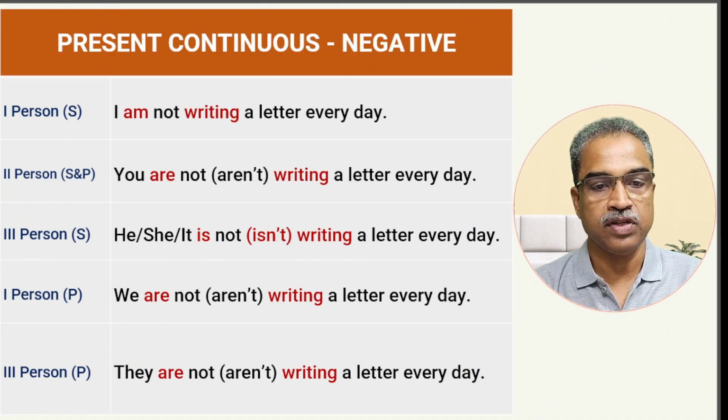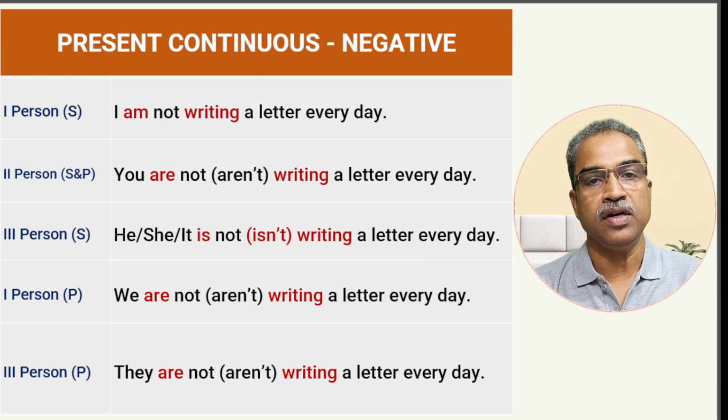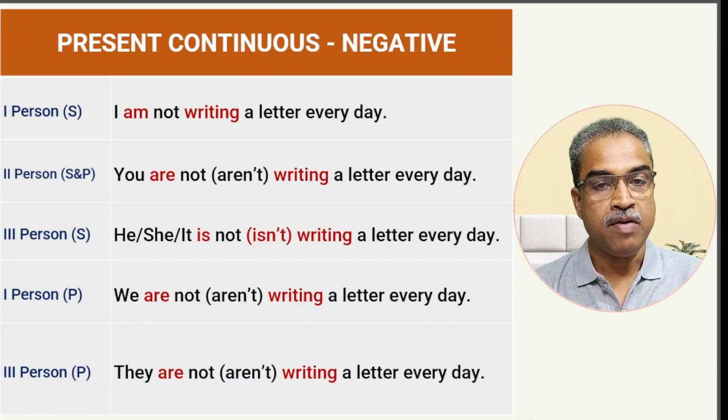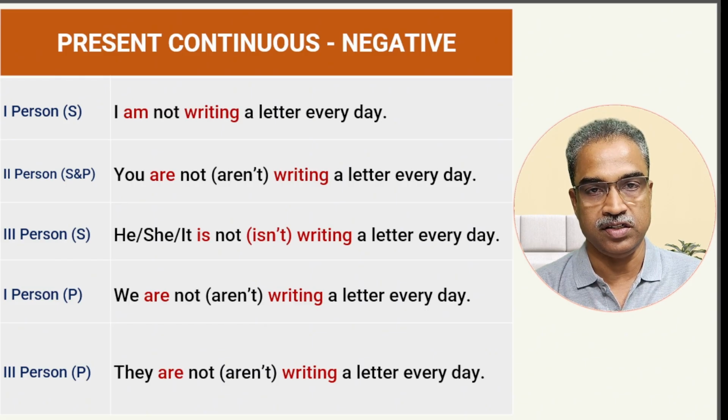And when it comes to second person, we say you are not writing a letter every day. So are plus not could be contracted into aren't. But am plus not is not contracted to amn't. In my research, I have found one source saying am plus not can also be contracted, and it has to be aren't, it seems.